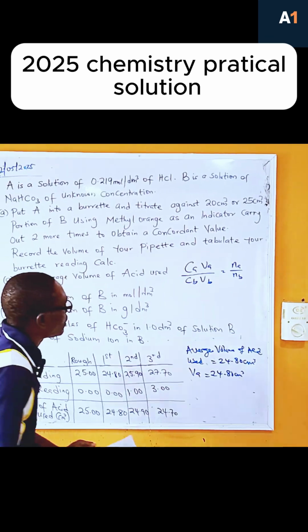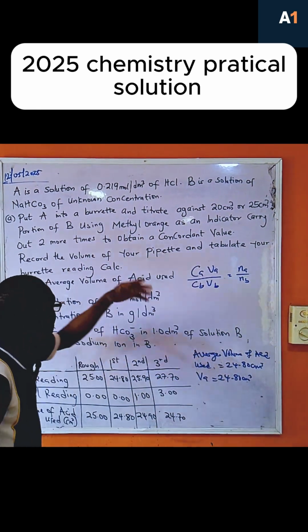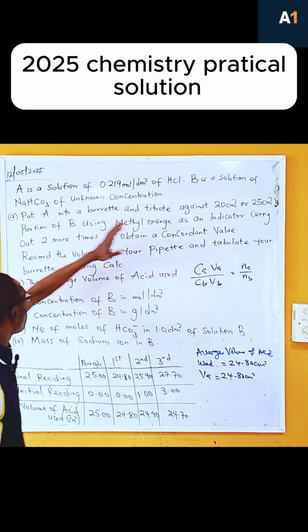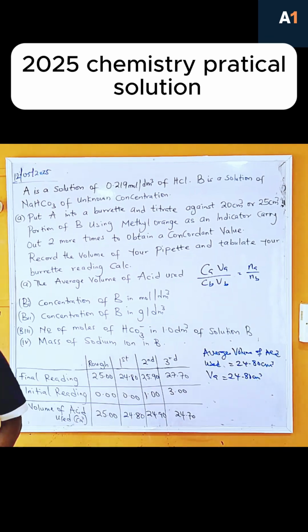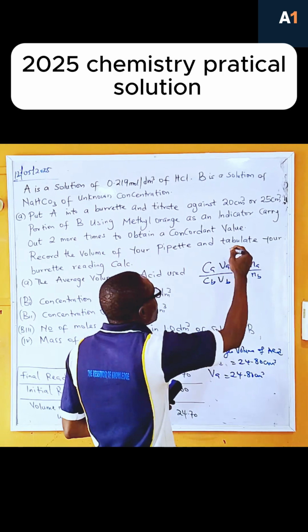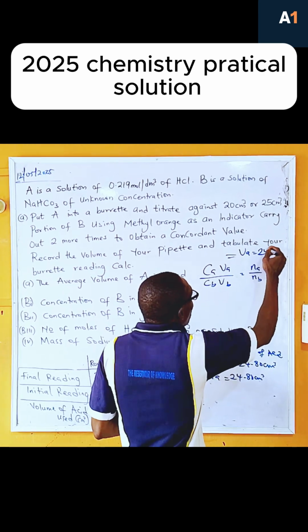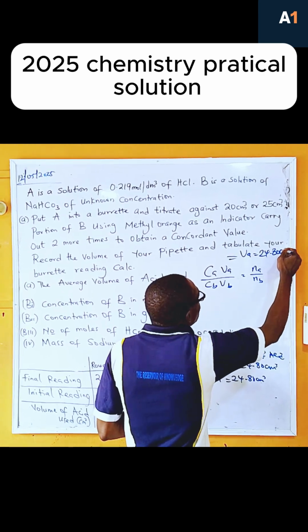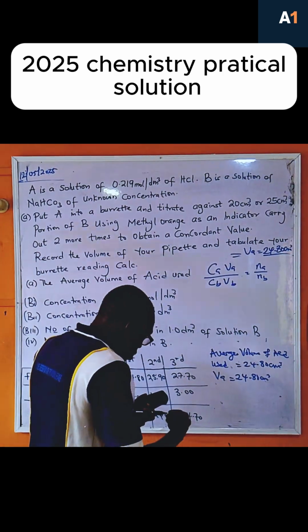Now, as a result of that, before you can do this, we need to react acid and base together to get the mole ratio. Now, let's write the equation of the reaction. Let me write the volume of A equal to 24.80 centimeter cube, so that I will not forget.